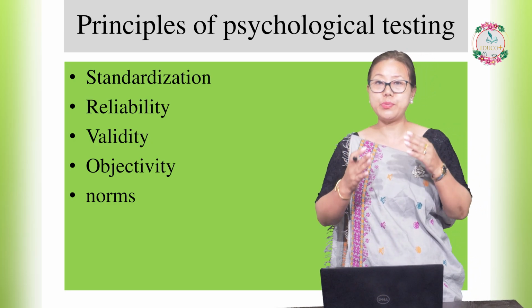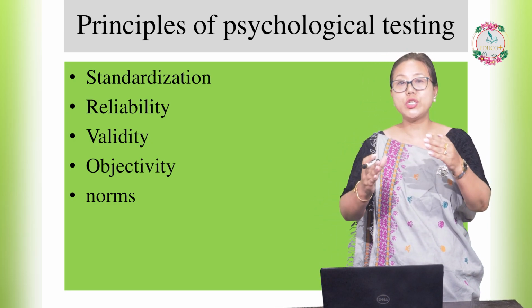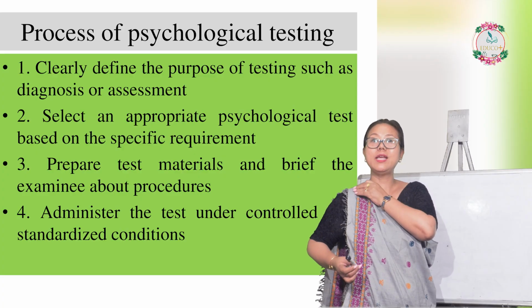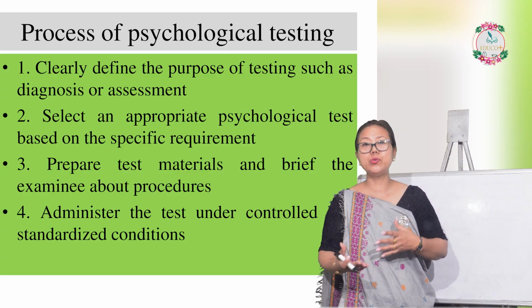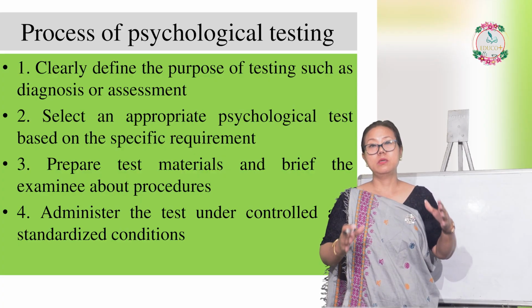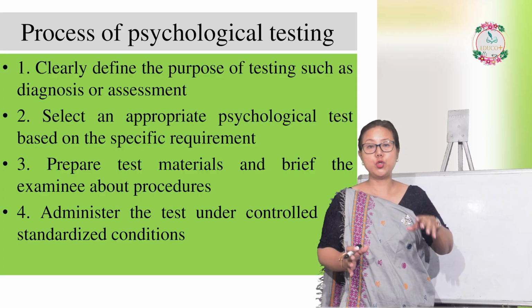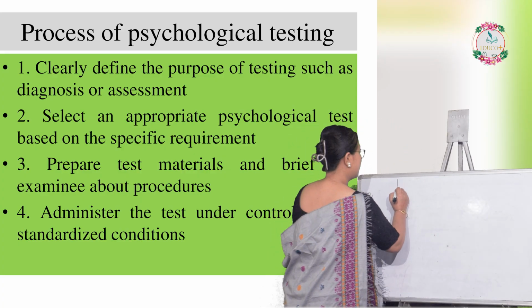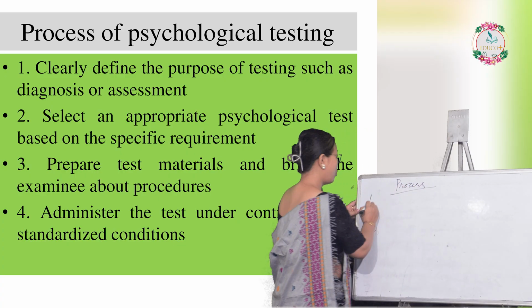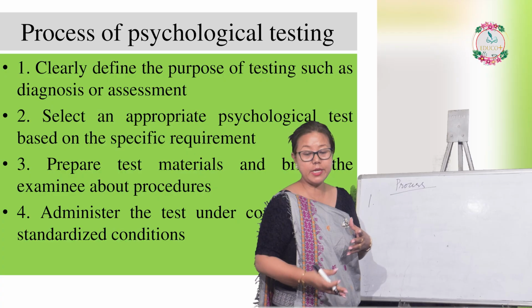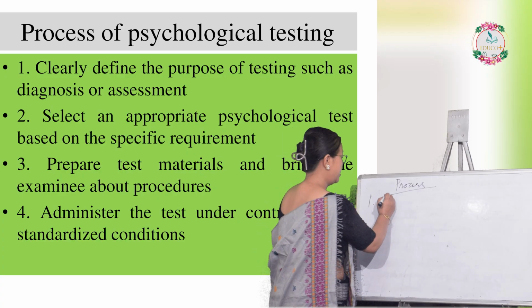Now we come to the important part, that is, how can you undertake psychological tests? What are the processes of psychological testing? How can you administer psychological tests on an individual? First of all, you have to clearly define the purpose.